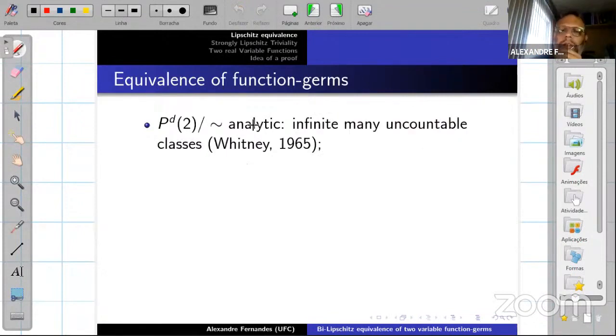Whitney showed that if you are looking for a classification of this set up to analytic equivalence, you have some trouble, because you have uncountably many classes of equivalence if you consider analytic equivalence.